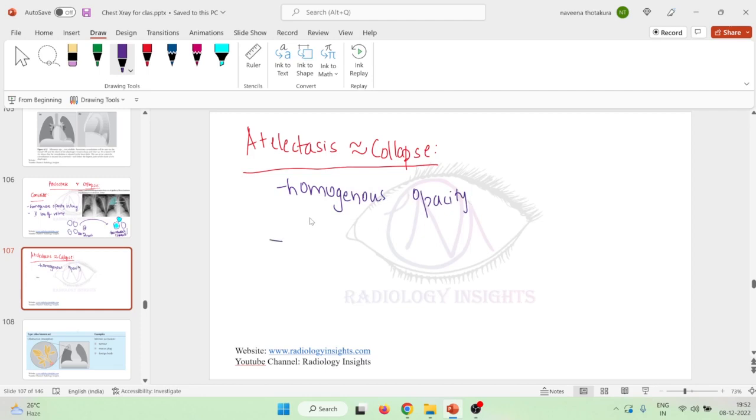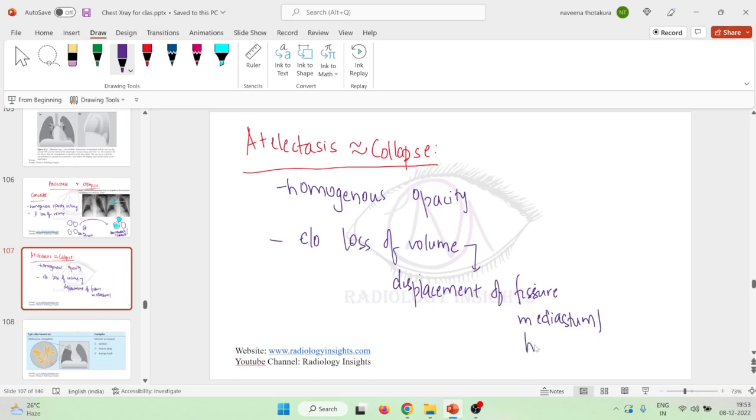Number two, loss of volume should be seen. Evidence of loss of volume is one important feature of atelectasis. That means there should be either displacement of the fissure, mediastinum, or hilum.